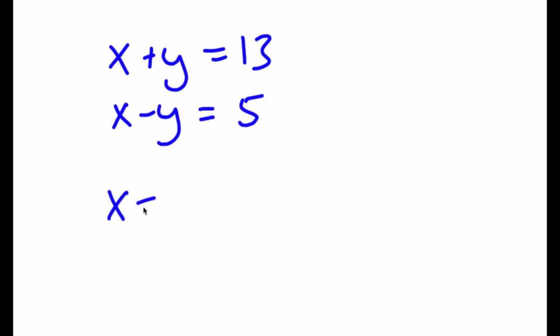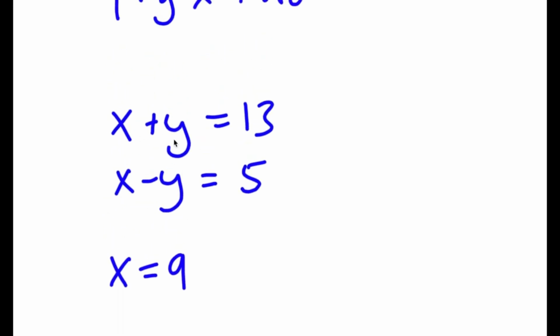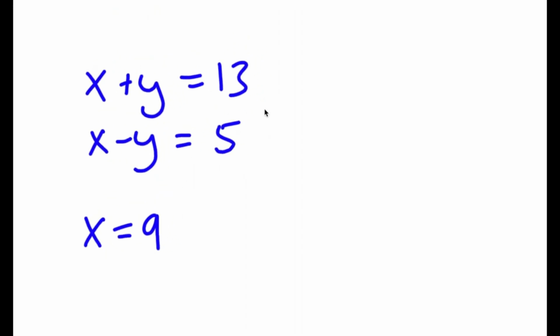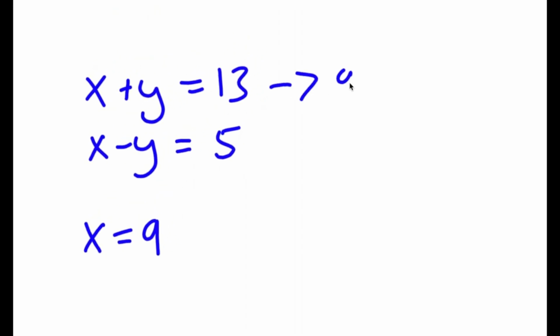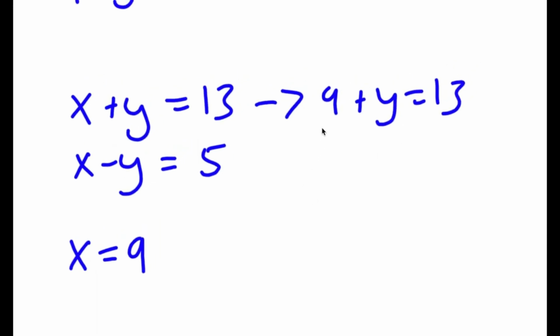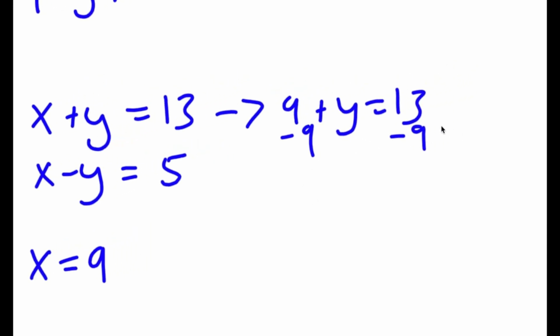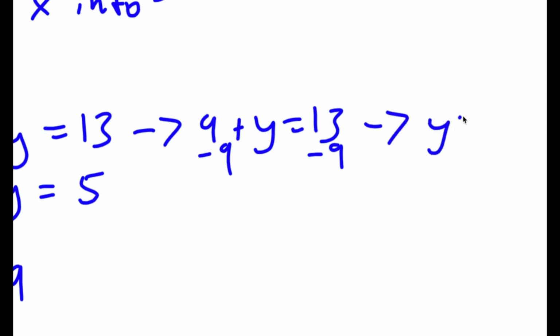So if x is equal to 9, then I'm going to start by plugging in 9 for x into our first equation, x plus y equals 13. So if I do that, I get 9 plus y is equal to 13. And now I can simply subtract 9 on both sides to get y is equal to 4, because 13 minus 9 is 4.